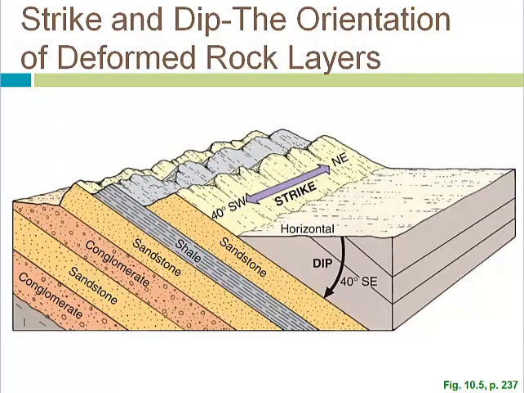Which leads us to this slide of a strike and dip orientation for deformed rock layers. In this case, we have a rock structure that is sandstone, shale, sandstone, etc., and it's coming up to the surface at a 40-degree angle.